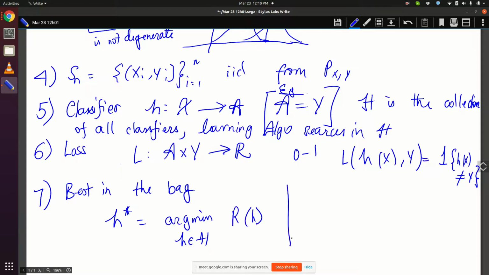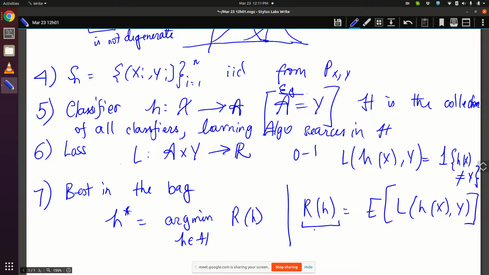R of h we know is the expected value of L of h of x comma y. R of h is also known as the out of sample performance, or also called the true risk.